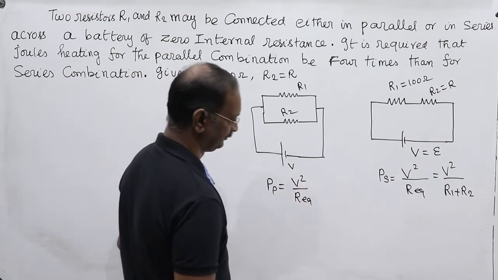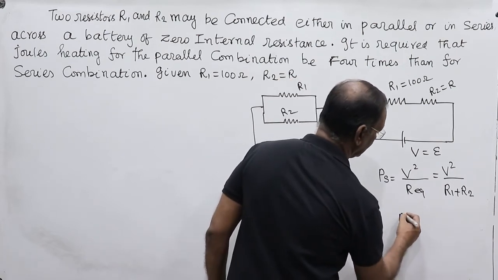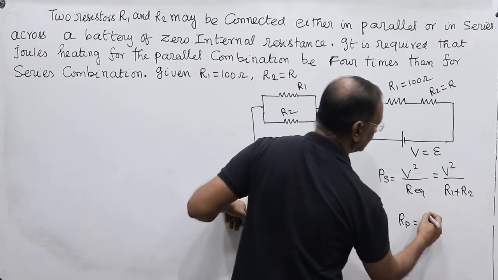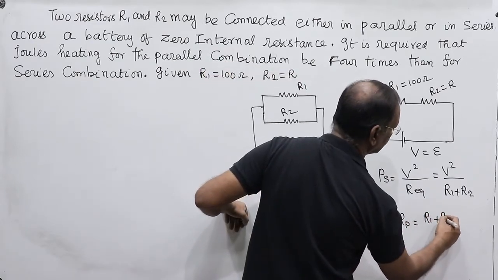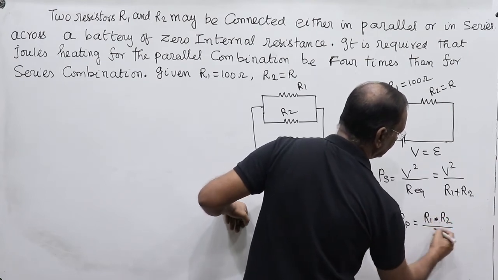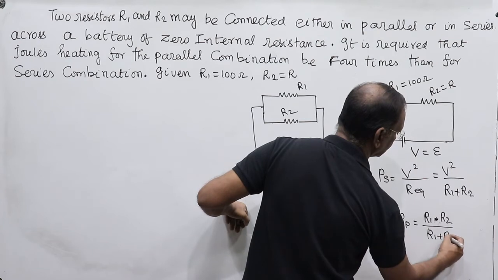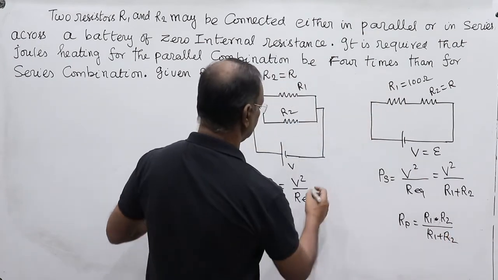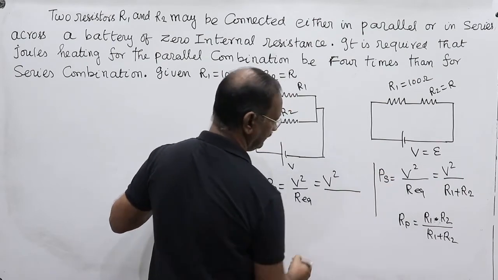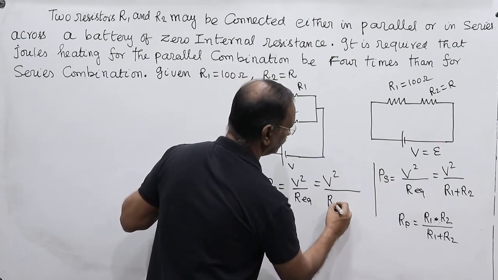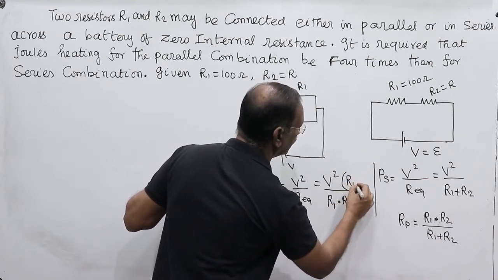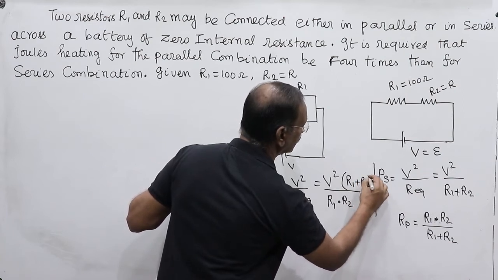Since it is parallel, R equivalent is equal to the multiplication of these two, R1 into R2, divided by R1 plus R2. So this is equal to V square divided by R1 into R2 divided by R1 plus R2, which means we can take it on the top, R1 plus R2.